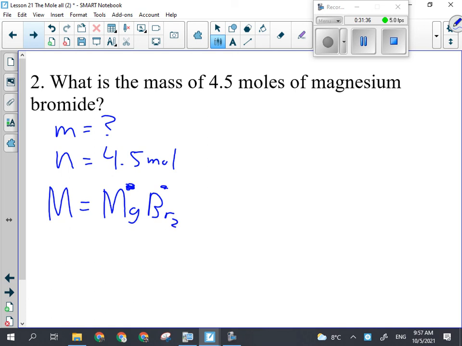Hey, is it important to be able to drop and swap and get formulas right? If you can't, will you get the rest of this question right? No. Okay.